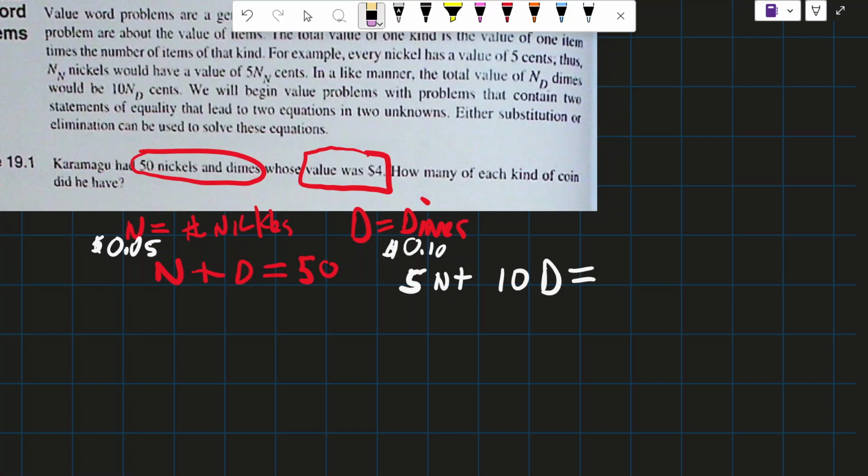And instead of $4, $4 is also the same thing as 400 cents, right? So in this case, I could use this to maybe get rid of those decimals. Not necessary, but I'm going to do it.